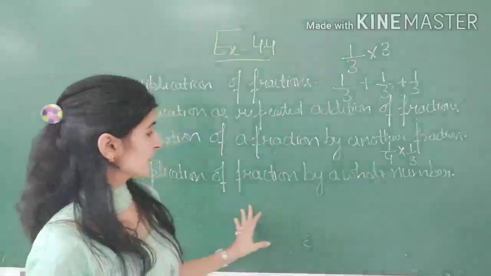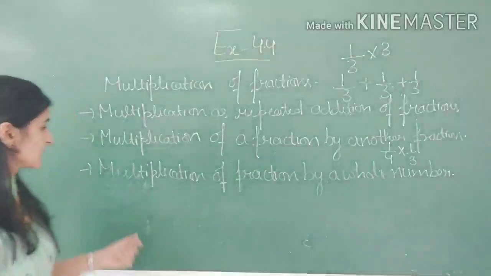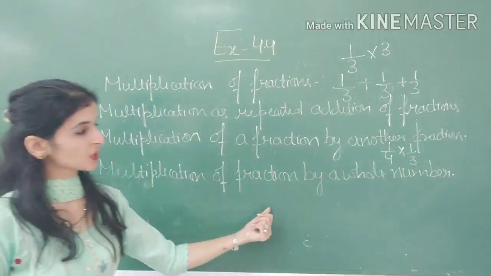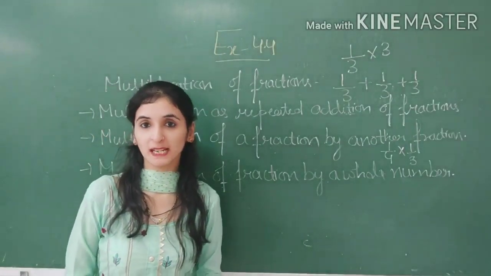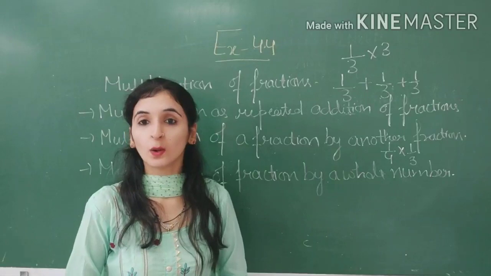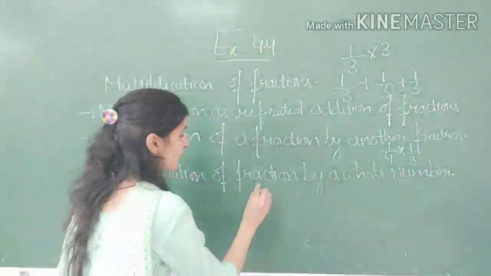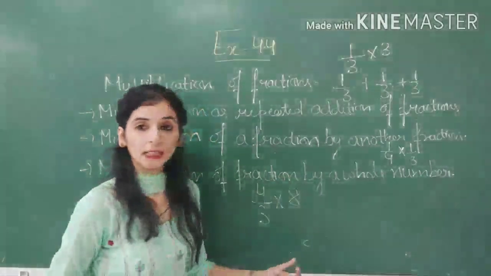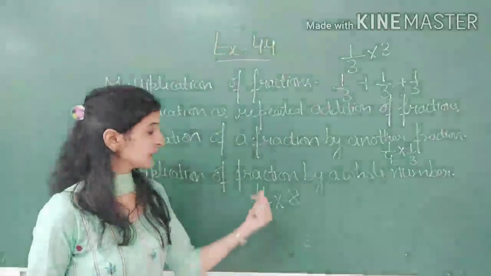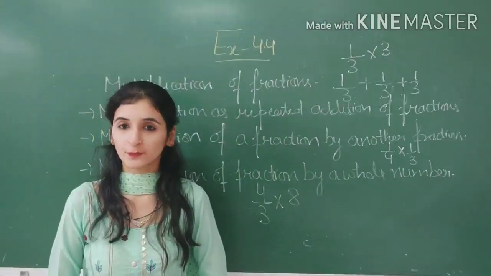After that, the third case is multiplication of a fraction by a whole number. Suppose you are given 4 by 3 and we have to multiply it by 8. So this 8 is a whole number and 4 by 3 is a fraction.